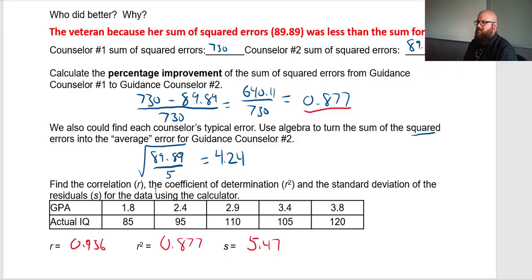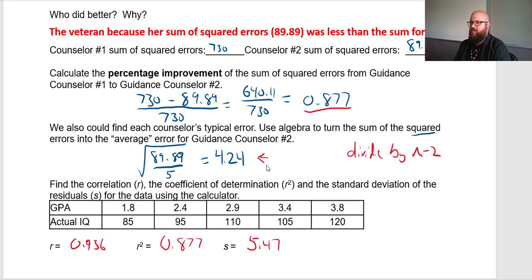So if that is our standard deviation of residuals, why is it different from here? Shouldn't we have gotten the same setup here as far as looking for our squared errors, or our average of errors, should we say? The reason why is because in the calculator, the actual function, instead of dividing by just 5, you would simply divide by n minus 2.